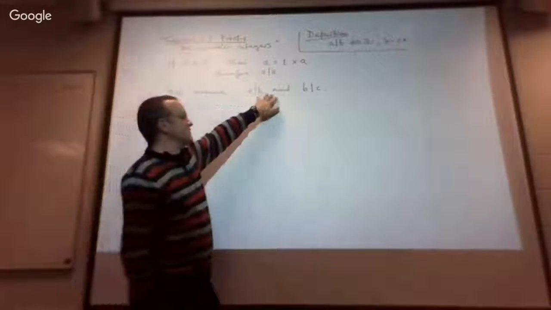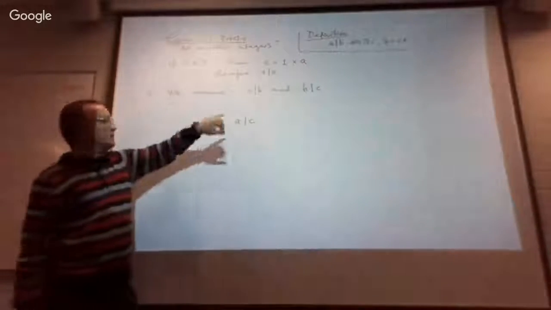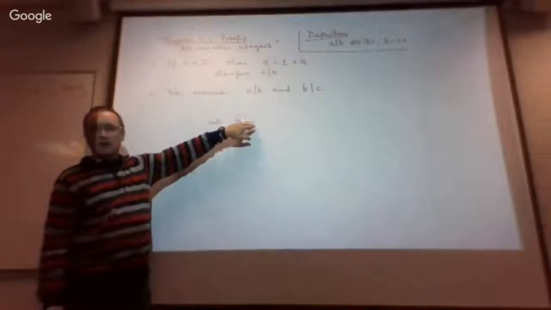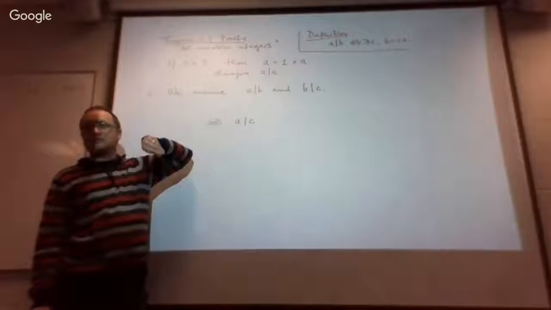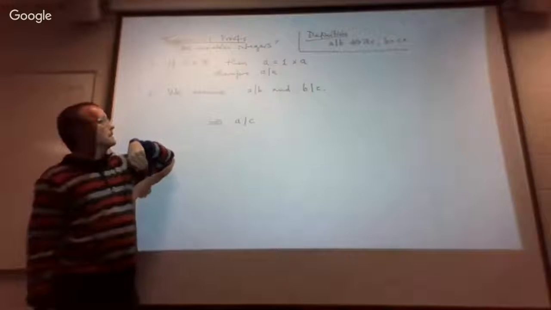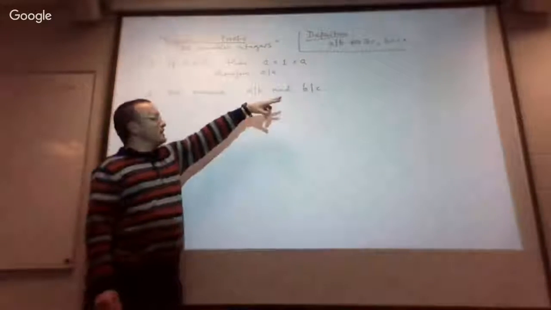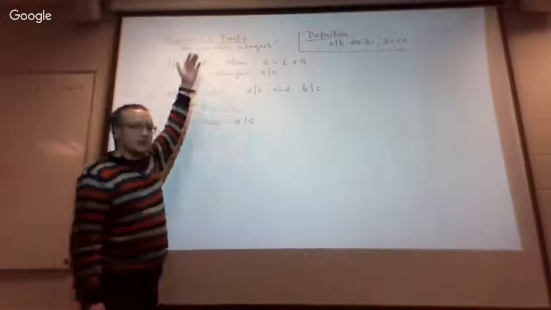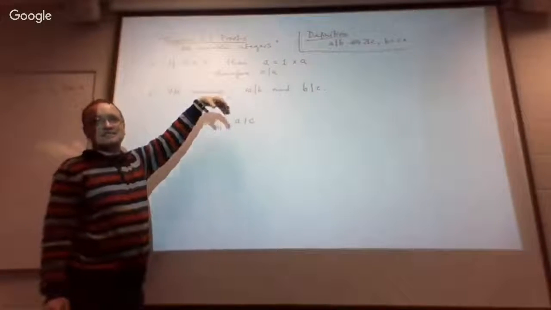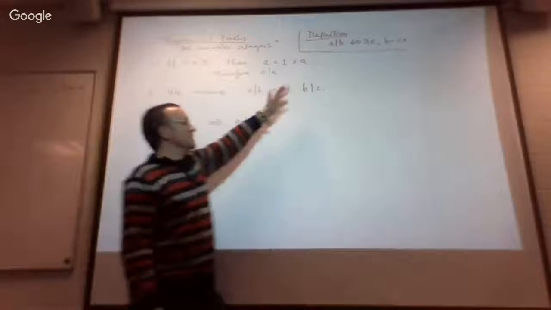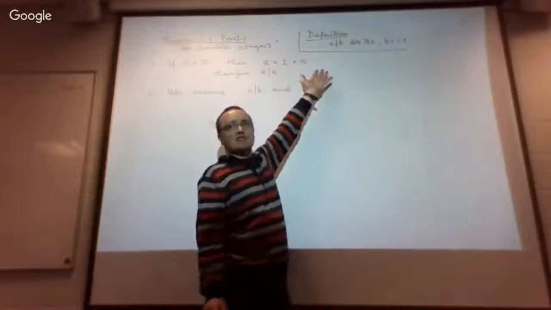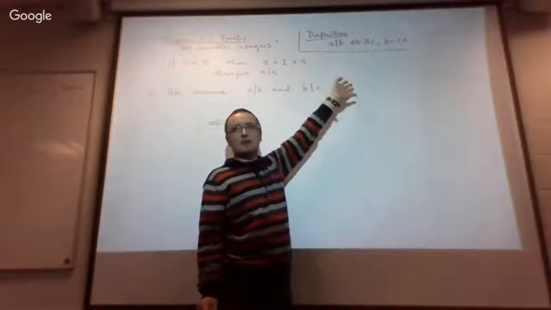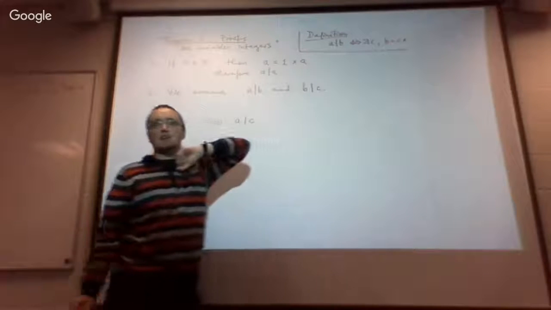So we've got a set of statements about divisibility, and we want to conclude a related one about another instance of divisibility. But we haven't built up a lot of theory about it yet, so everything is going to have to be done just by unraveling the definition. That's the only way we can make progress.